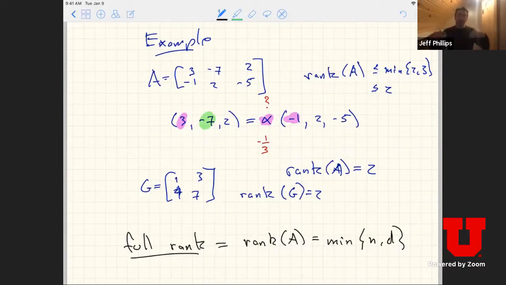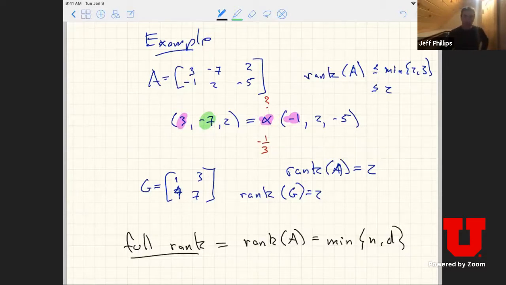And so all those rows are linearly independent of each other. This means it's what's called full rank. And a square matrix like G can also be full rank. So okay, good. So this is the rank of a matrix.